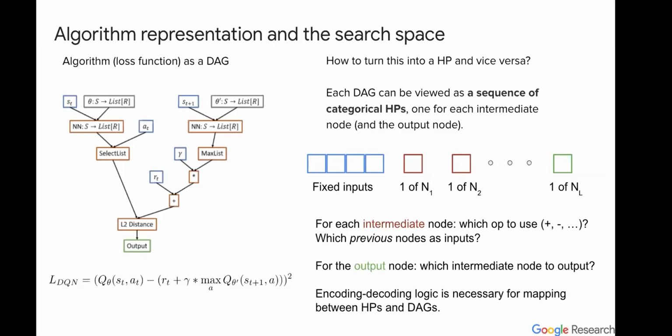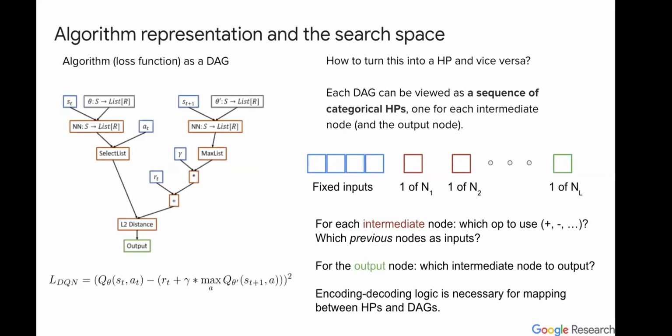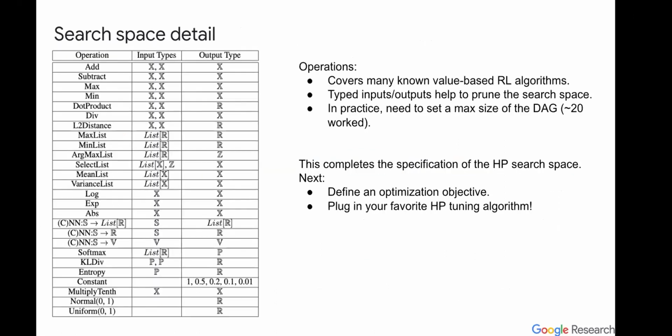And for the output node, we are concerned with which of the intermediate nodes we can use as the output. There will be some encoding and logic needed for mapping between these abstract hyperparameters and concrete DAGs. As you can see, the meaty part of the search space comes from these intermediate nodes. So now let's look at them in detail.